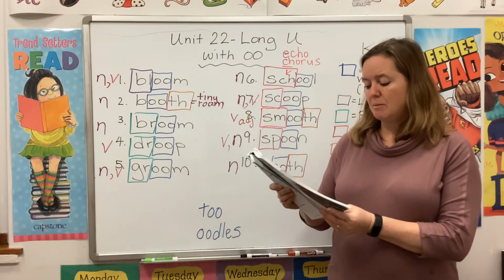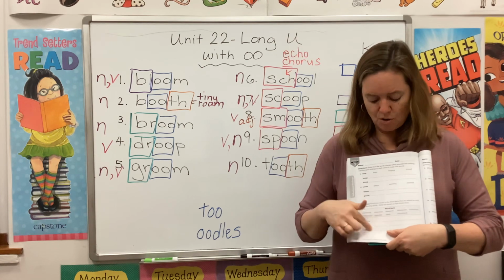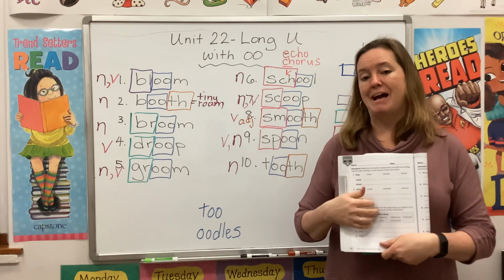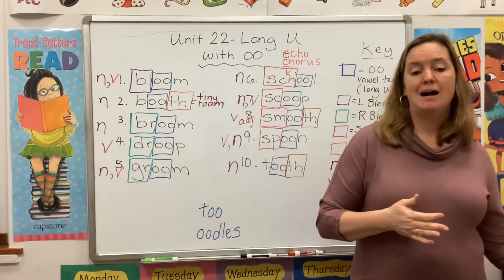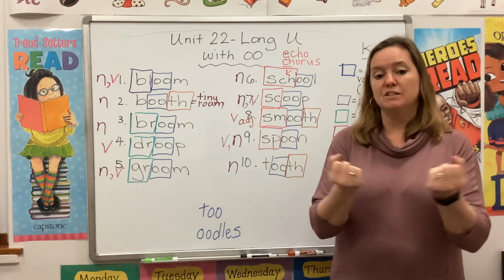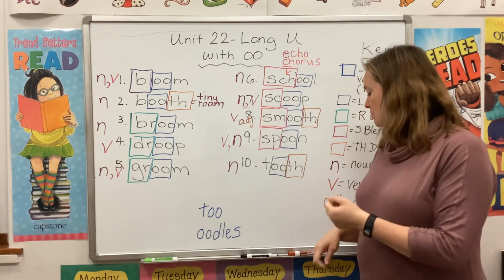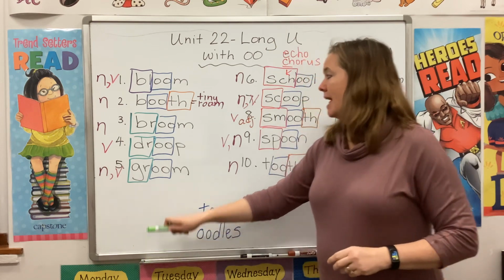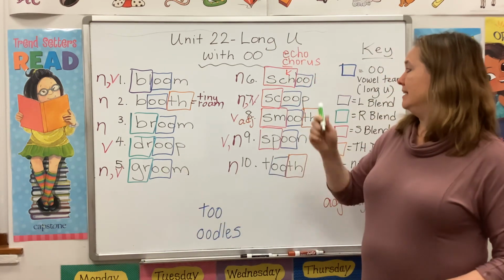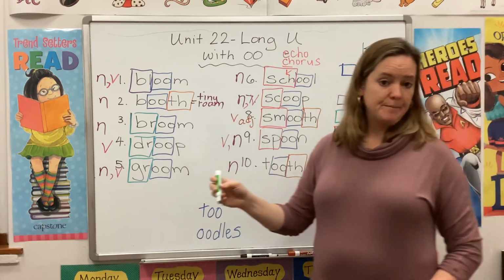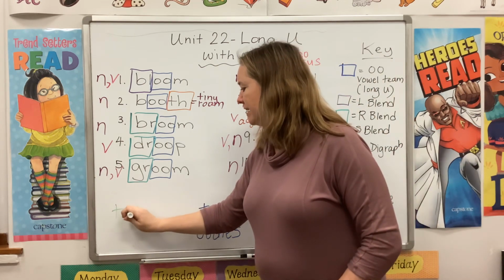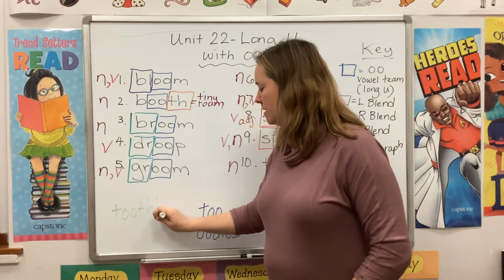When you get to the bottom, though, I want you to notice that we have lots of compound words. Remember, compound words are two smaller words glued together. So for instance, I can have a tooth, or I can have a toothbrush.